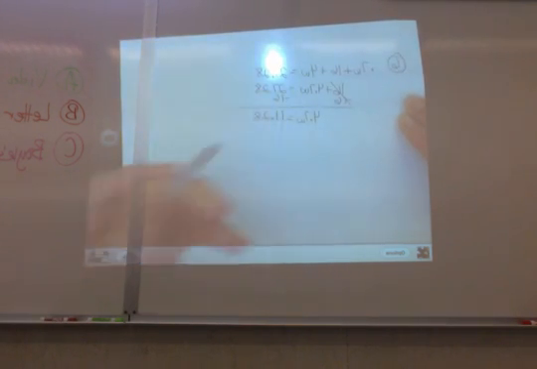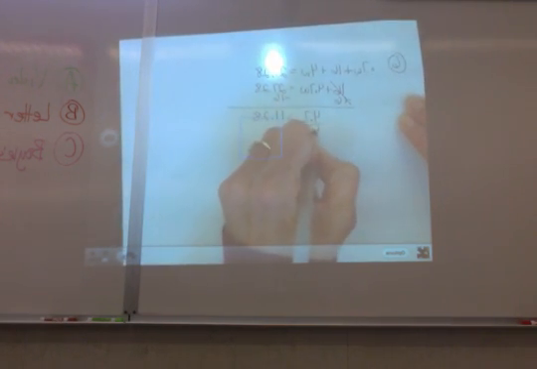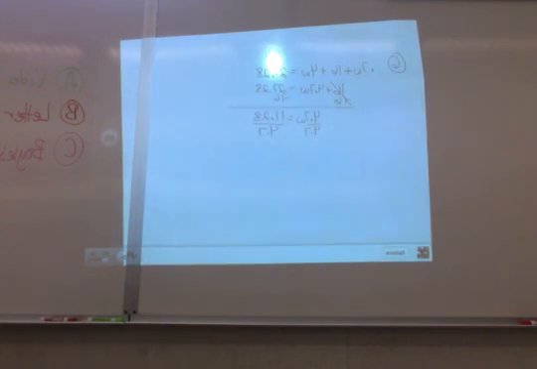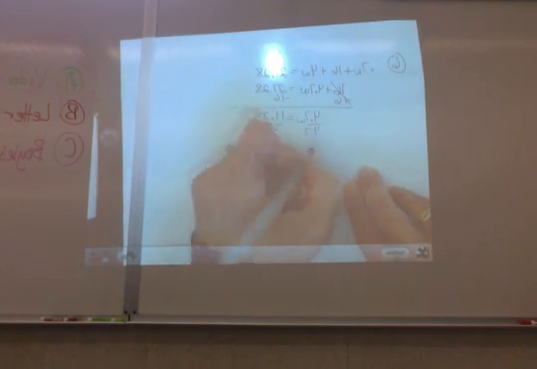I want W all alone. Now I have to divide. And this is definitely going to be a calculator. W equals 2.4.